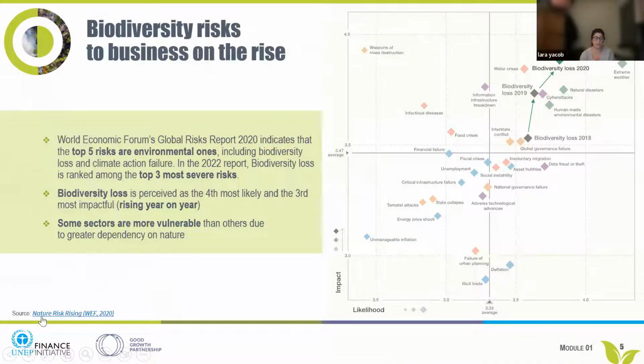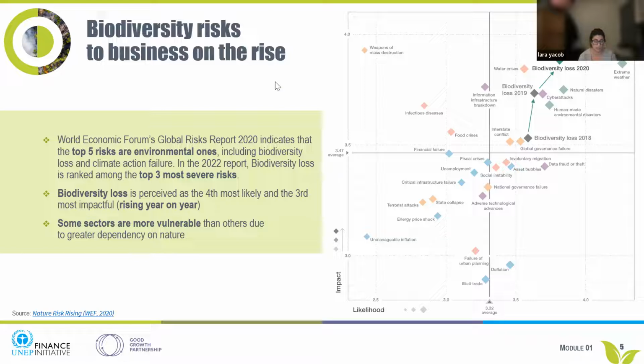I think this is a slide that many people on this call are familiar with. It comes from the World Economic Forum report, and it highlights that biodiversity loss and ecosystem collapse rank as mid to high global risks for the next 5 years, with a year-on-year increase in that risk.